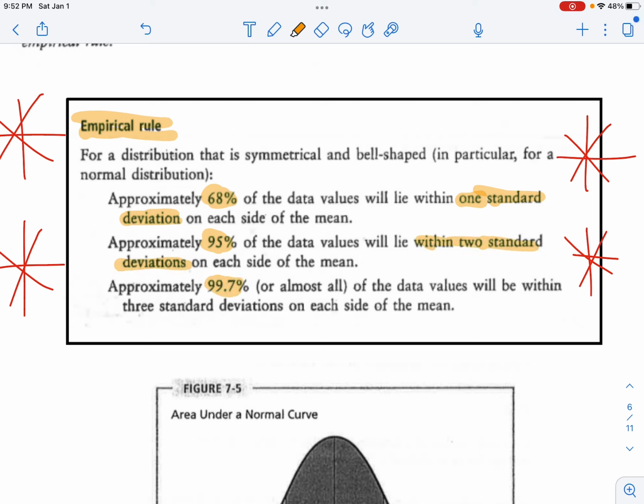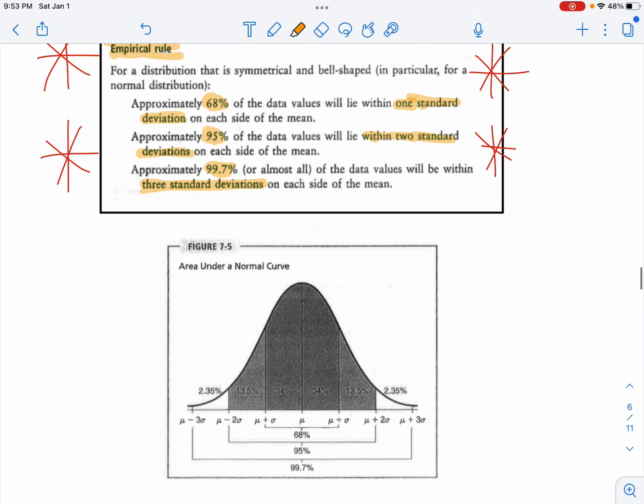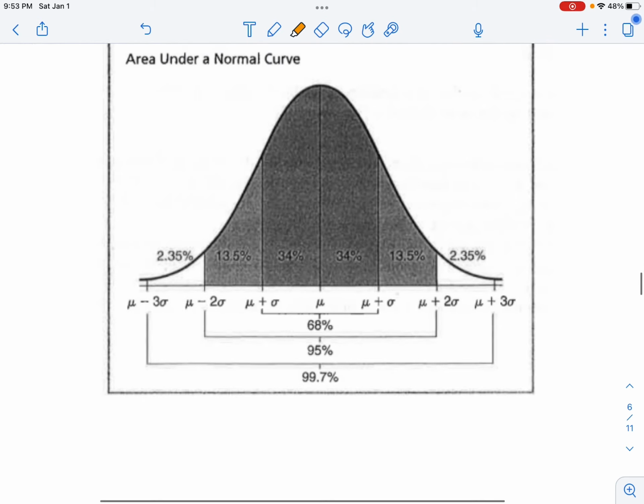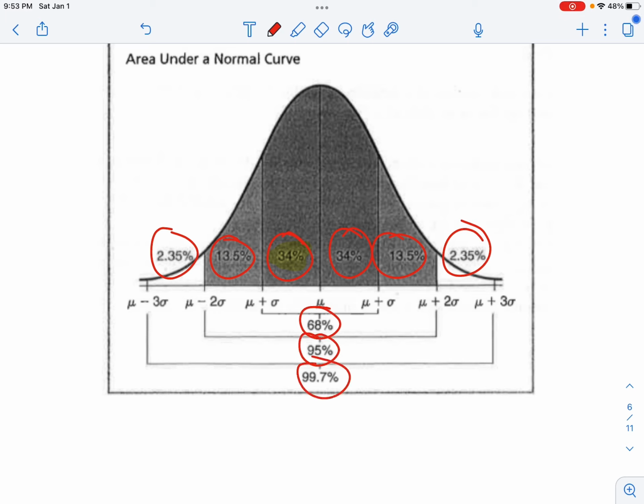And then you have 99.7% of the data, which is almost everything, within 3 standard deviations. So it would be very wise to memorize all of these percentages in here, as well as down here, as well as that 0.15% at the very outskirts. That one's not given, but you should know those as well. All right, I'm going to end this video now, and then we'll do an example.